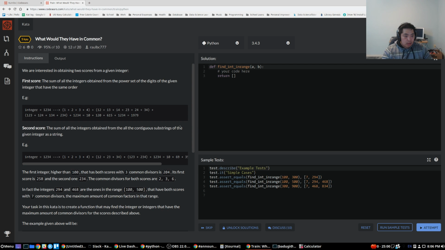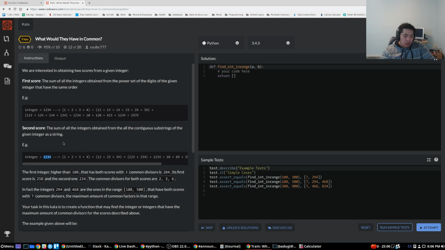So anyways, we have a given integer. We have to find the first and second score for that integer. The first integer higher than 100. Yes, it's higher. So are we talking about this?